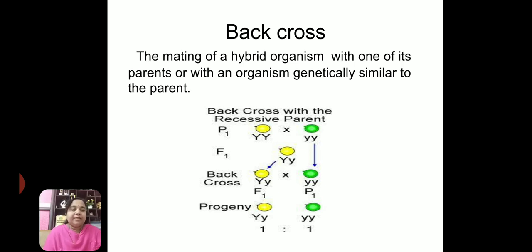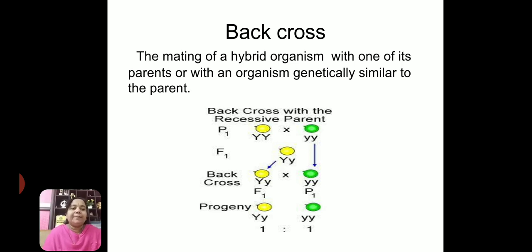The back cross is depicted in pictorial form here. Capital Y, which gives a yellow colored seed, is crossed with small y, the green colored seed, and we get capital Y small y, because the presence of capital Y gives the F1 organism a yellow colored seed.